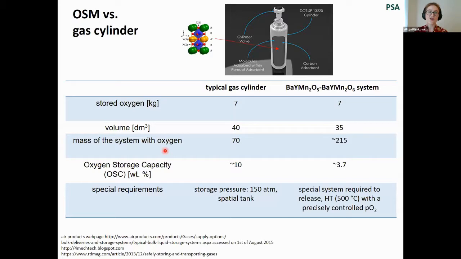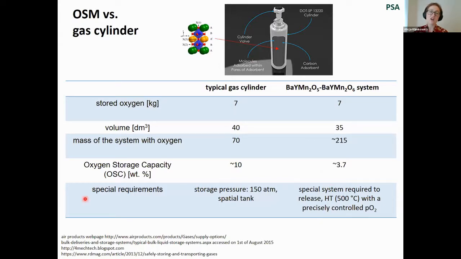Unfortunately, here you can see the very big difference in the mass of the system. The typical cylinder would be way less heavy than the oxygen storage material system. And also, if you recalculate it into capacity, again, oxygen storage material is not really in favor.